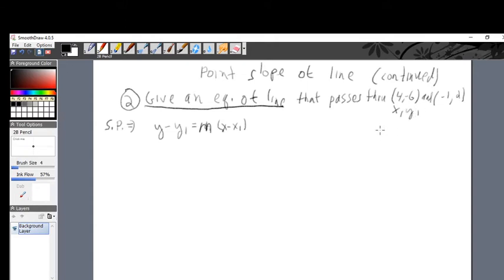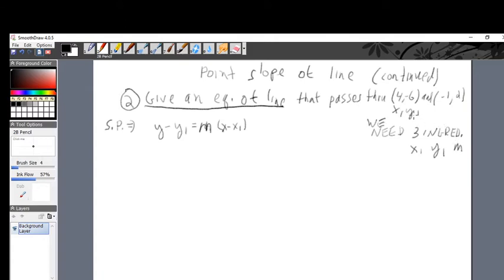But as we said last time, we need 3 ingredients. We need an x1, we need a y1, and we need an m.